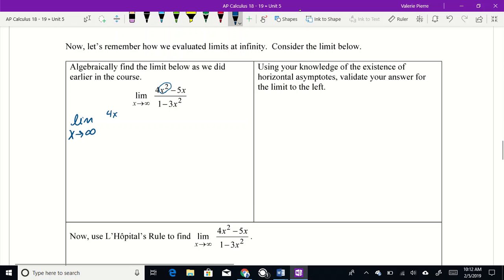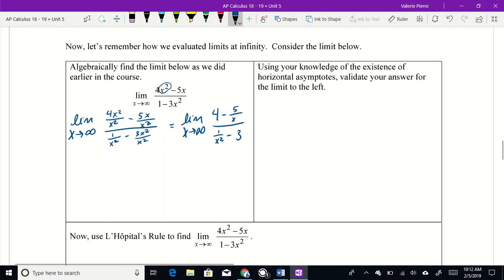So we have 4x squared over x squared minus 5x over x squared, over 1 over x squared minus 3x squared over x squared. And when we simplify this, we get the limit as x approaches infinity of 4 minus 5 over x over 1 over x squared minus 3.